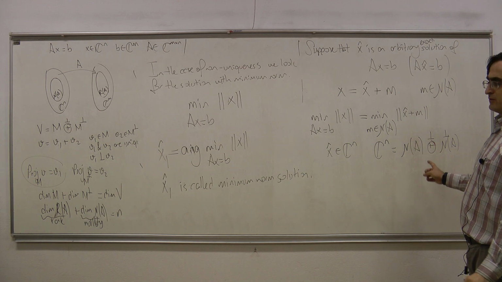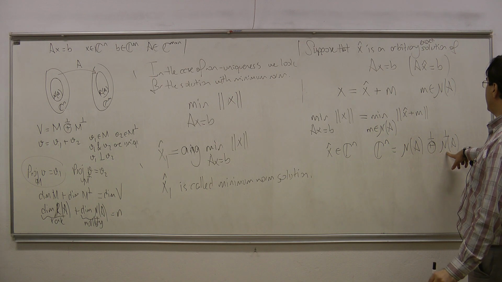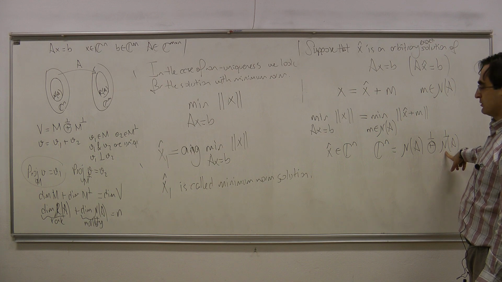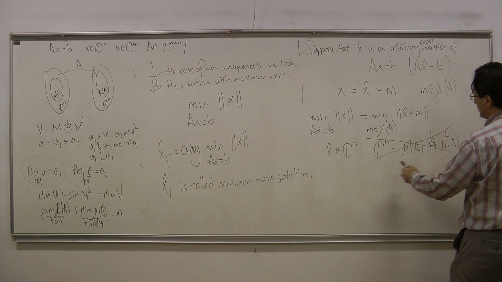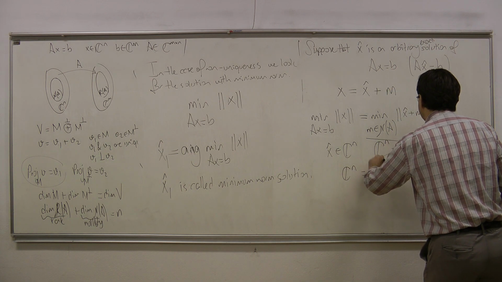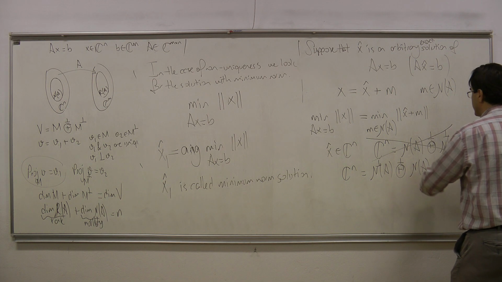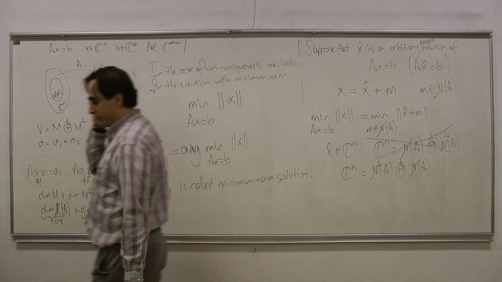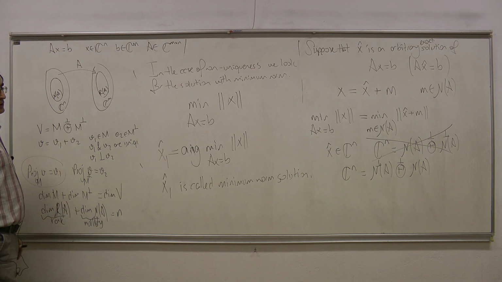I don't want the decomposition where M is null space of A and M orthogonal complement is null space of A orthogonal complement, but I want to exchange this. It really doesn't matter. Cn is equal to null space of A orthogonal complement, orthogonal direct sum, null space of A. This is the reverse decomposition; I just changed the order of the vectors v1 and v2 here.